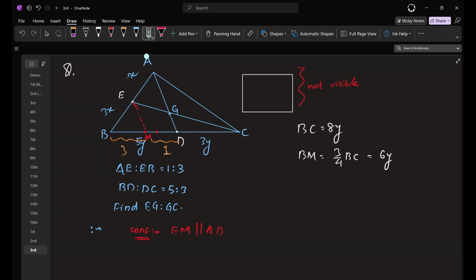Thales' theorem, that basic proportionality theorem, we need to apply not only in this triangle but also in this triangle as well. For the same line, this whole part was used, this parallel to this, and for the same line, this part of the whole line was used, this parallel to this. So that EG is to GC is equal to MD is to DC.